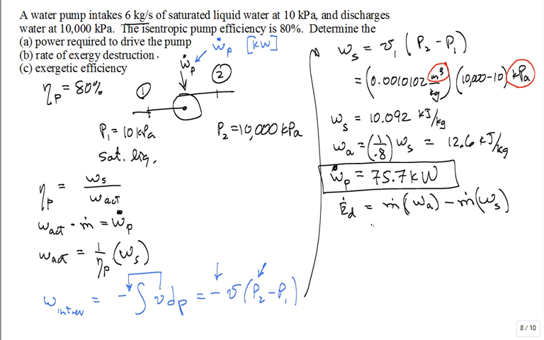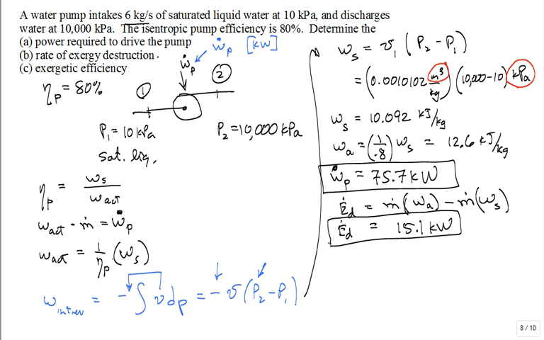And so you would take the difference of these two, and you get that it's about 15.1 kilowatts. So some of that pump energy, the difference between 75 and 15.1, is right 60.6 kilowatts. That goes into increasing the fluid flow exergy.